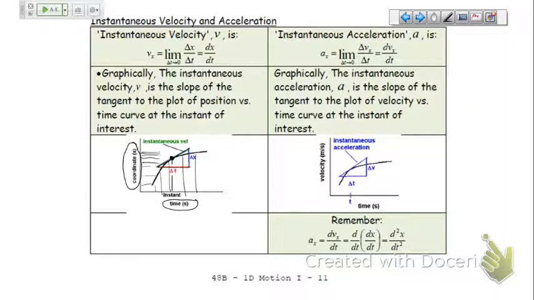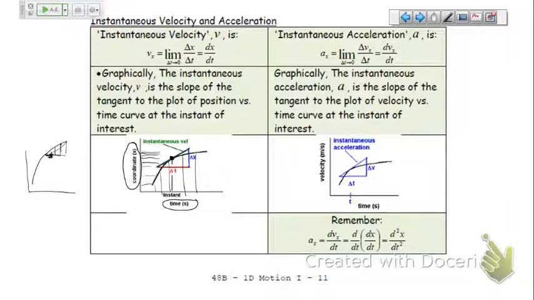That's graphically. If I wanted to do this in terms of calculus, I'd imagine 2 points on this line, and I have my rise over my run, and I imagine sliding one of these points towards the point of interest, and in the limit, as my little delta t goes to 0, I ask, what is my slope?